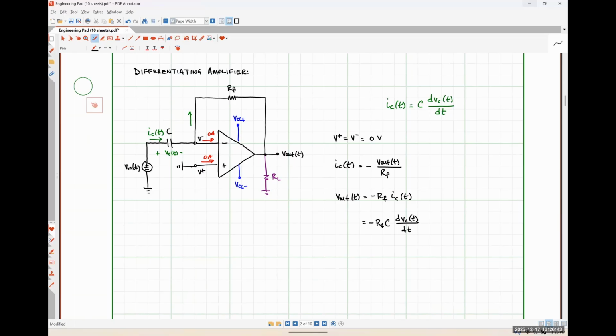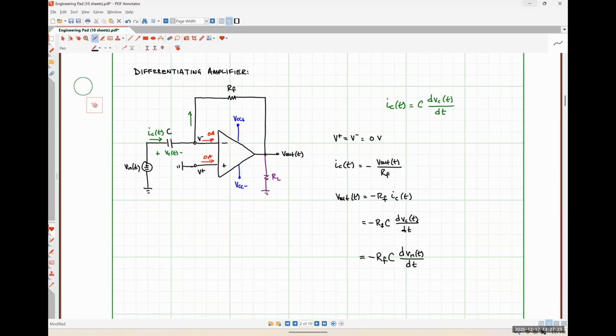The negative polarity terminal of my input voltage source is at ground, and the negative polarity terminal of my capacitor voltage is at a node that has a voltage of 0, which we would call a virtual ground. And so from that, I can infer that my capacitor voltage and my input voltage are the same quantity. So I'm just going to replace VC here with VN, giving us the relationship: V out is negative RF times C times the derivative of our input voltage with respect to time.